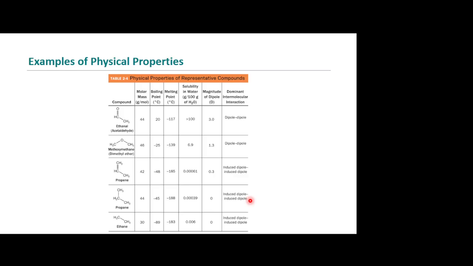Everybody remembers what that is, right? Okay, it's literally the probability of your electrons not being on the same side. Okay, so the last one you see here, this actually has less molecular weight. See that? And so it just has less London dispersion forces. And so your boiling and melting points both go down. Right? That's what that one is.